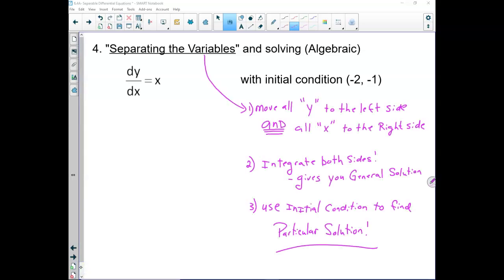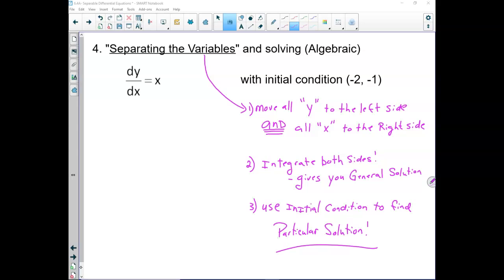Okay, so like I said, when I'm doing integration by separating the variables, this will be a problem on your AP test. And if you don't separate, you're basically, stick a fork in there, you're pretty much done on that problem. But separate means move all the y's to the left side of the equation and all x's to the right side of the equation, only using multiplication and division.